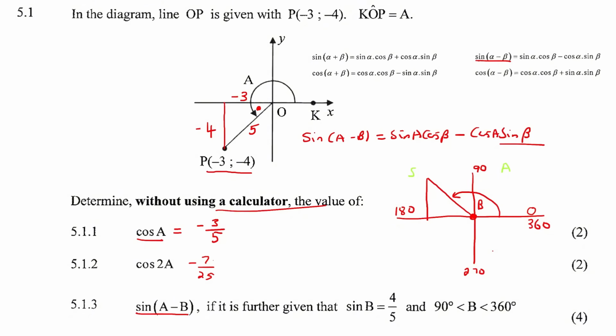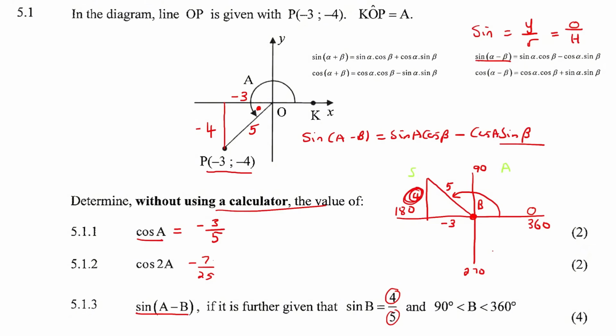Then you would label it like this. They said that sin is 4 over 5, but we know that sin is y over r, or opposite over hypotenuse, if you prefer. So you've got to think of this as your angle, and so the opposite must be 4 and the hypotenuse must be 5. Then if you use Pythagoras, you would end up getting a 3 for this one, but I'm going to put a little negative in front of that 3 because it's on the negative x-axis.